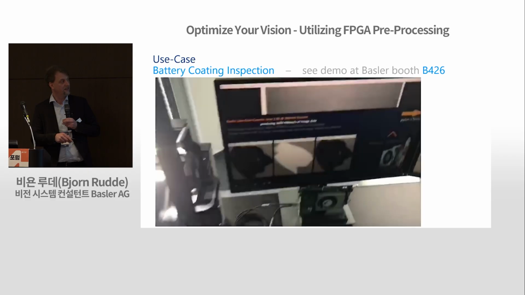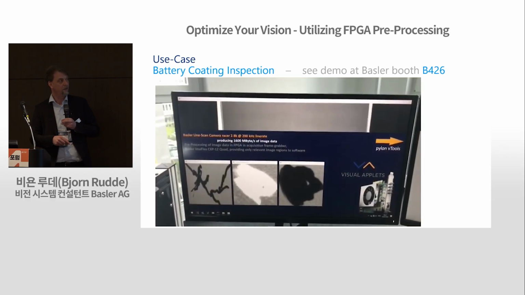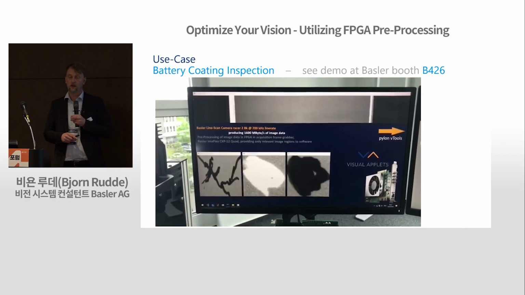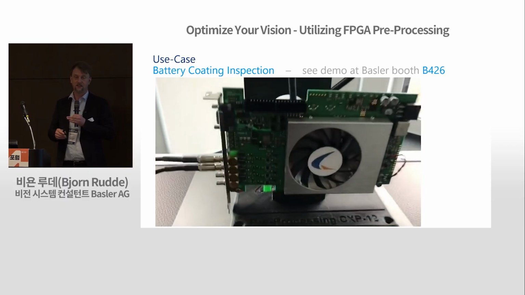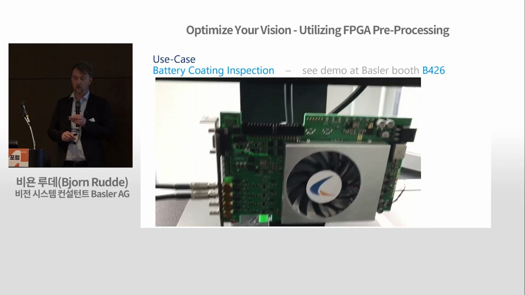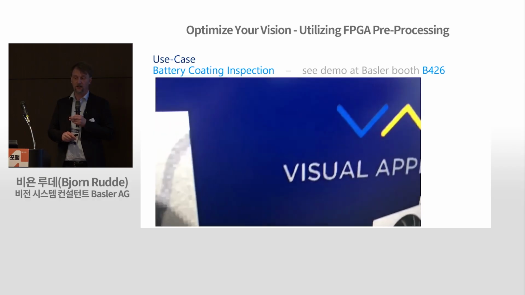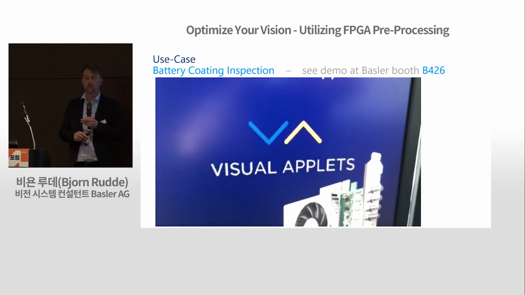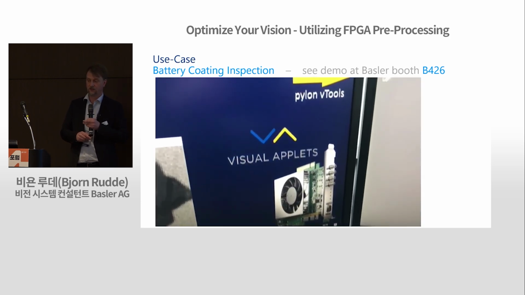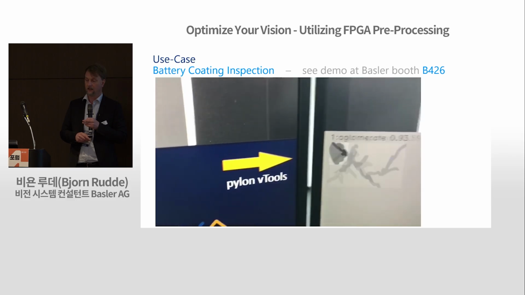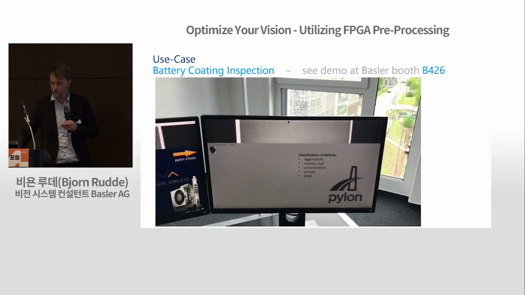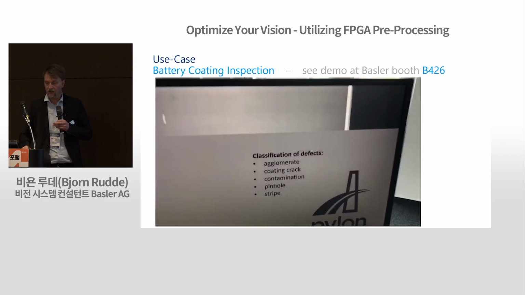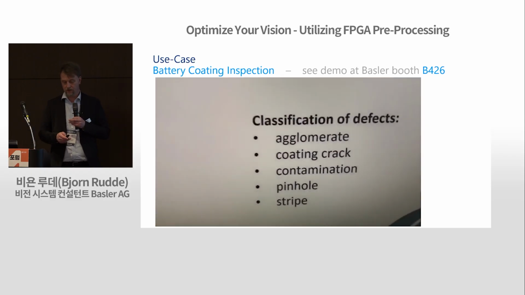Then the frame grabber is extracting the regions of interest and is forwarding it into our Pylon AI that is doing the classification based on a very small and cheap GPU in this case, while the FPGA, based on visual applets, is doing the hard pre-processing inside of the FPGA in the frame grabber. And then we have the classification of these defects so far.